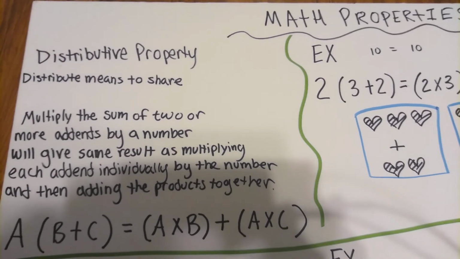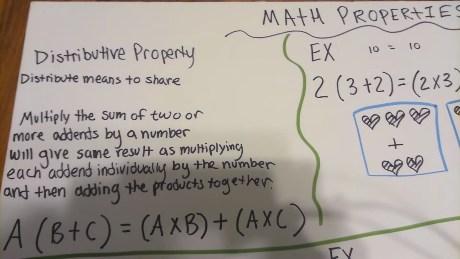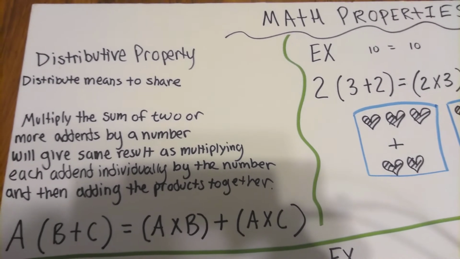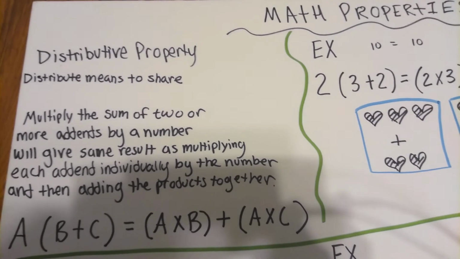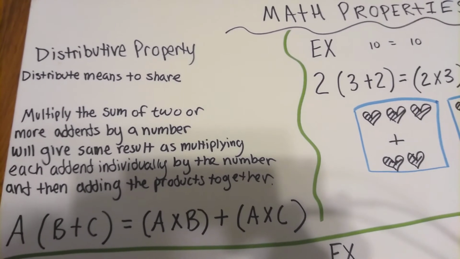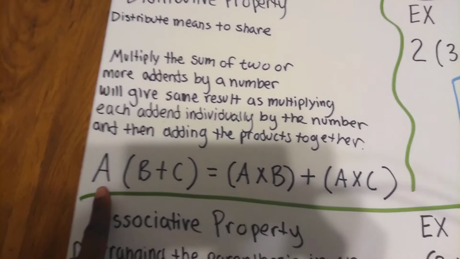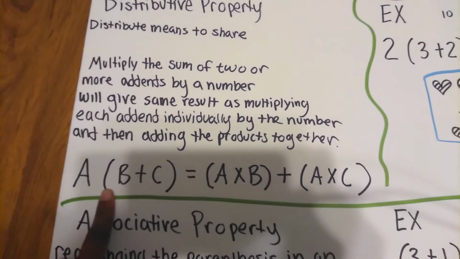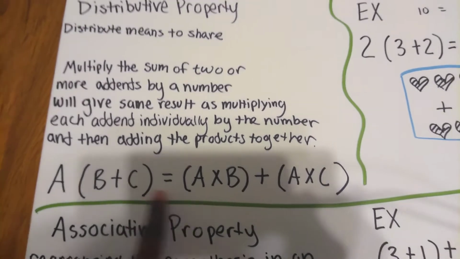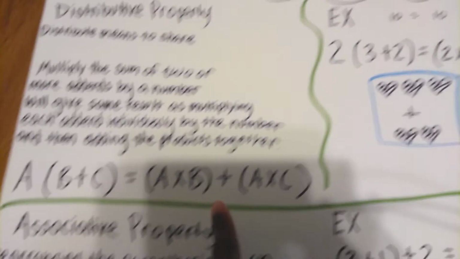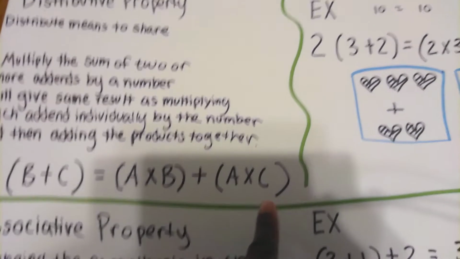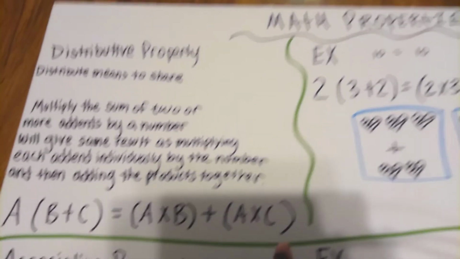When you multiply the sum of 2 or more addends by a number, it will give you the same result as multiplying each addend individually by the number and then adding the products together. So here's the formula: A times (B plus C) equals A times B plus A times C. This is very simple.